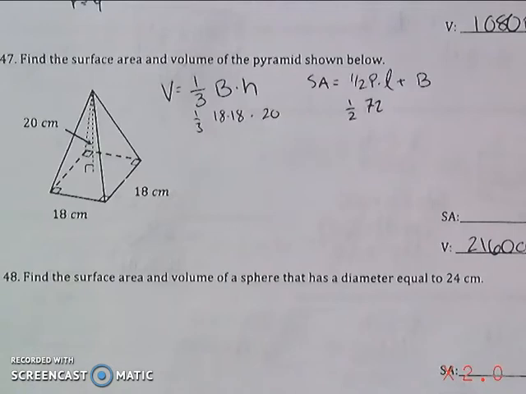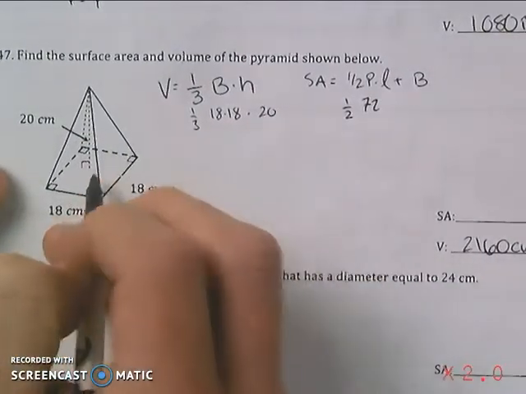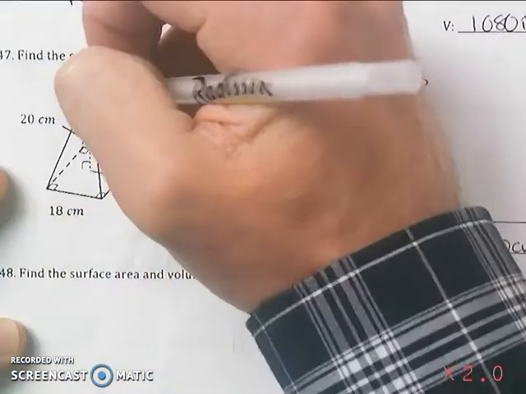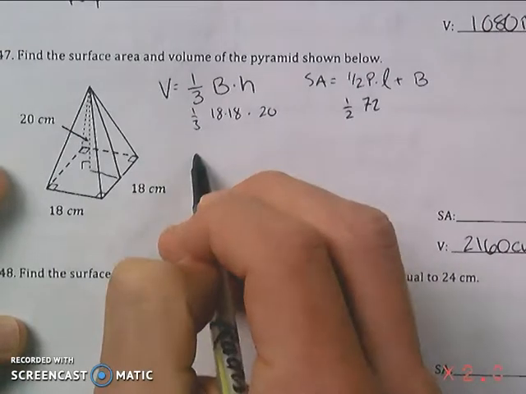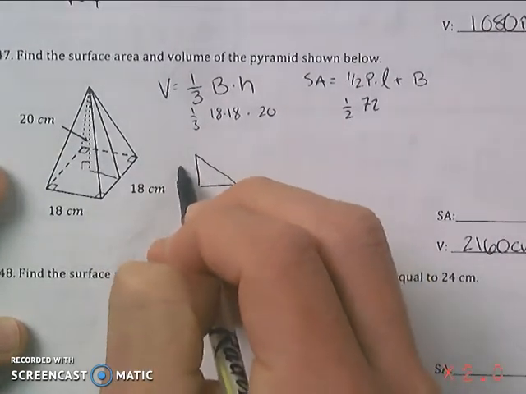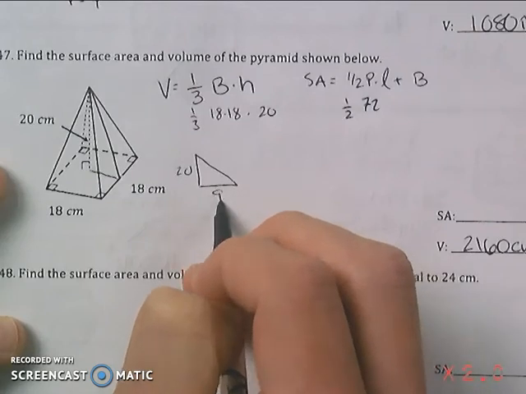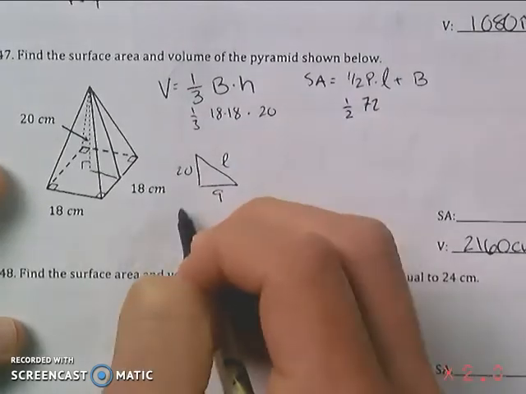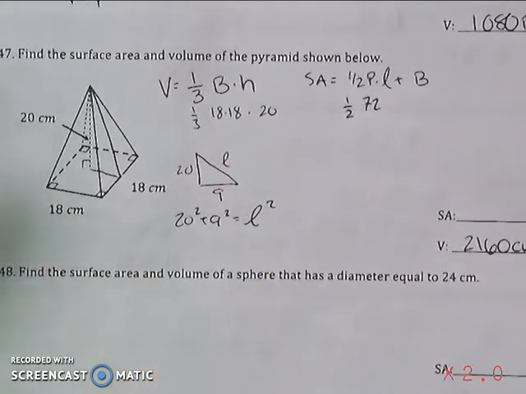Now I need to find my slant height. If you look at this triangle here, if I draw a line this way, my slant height would come down right here and actually form a right triangle in there. And the right triangle would actually be like this, where this is the height. This would be half of the distance at the base, so that's going to be 9. And here's my slant height. So I just got to do Pythagorean's theorem and solve for the slant height.